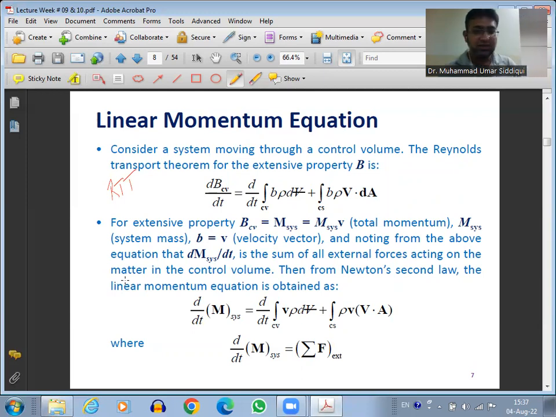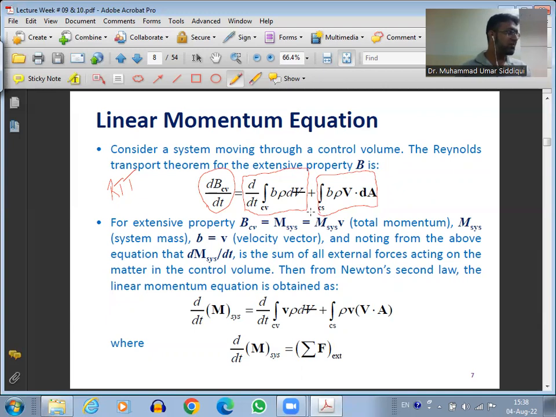Both approaches are linked together in the Reynolds transport theorem, which says that whatever change occurs in a specific control mass is equal to whatever change occurs in the control volume occupied by that control mass, plus whatever change occurs at the boundaries of the control volume, that is, the control surface.